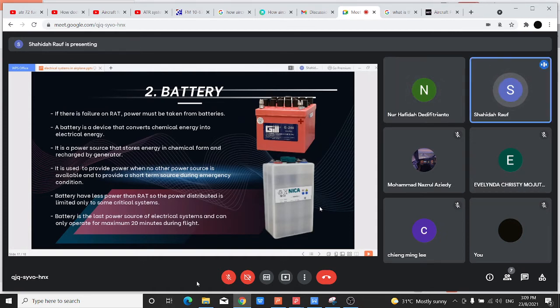Or cannot, because the battery can only be recharged by the generator. The function of the rectifier is only to change the type of current. Oh, okay. So it's not going to charge the battery, is it? Yeah. Okay, thank you.